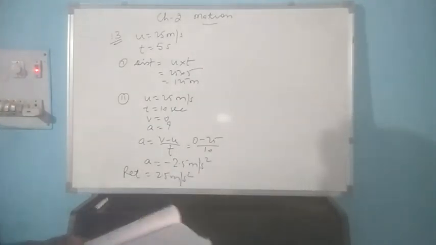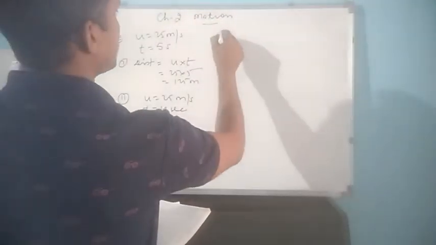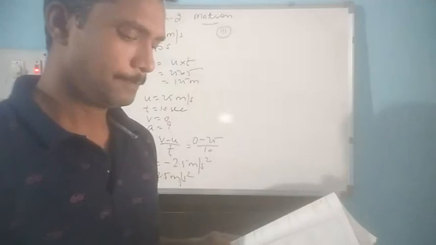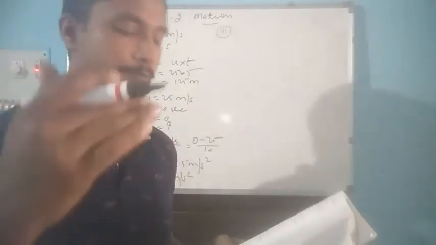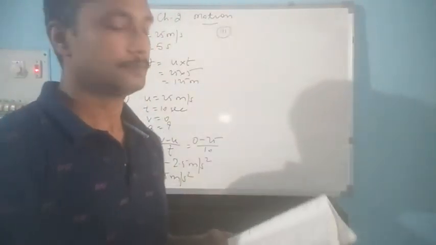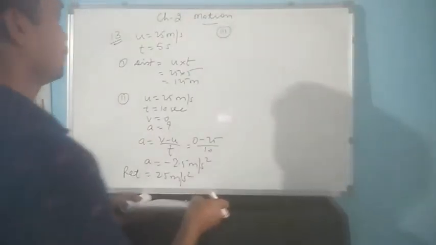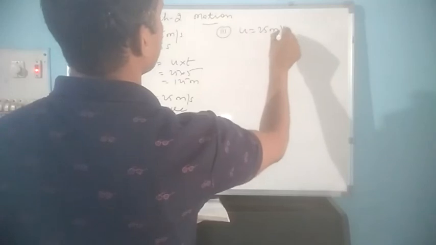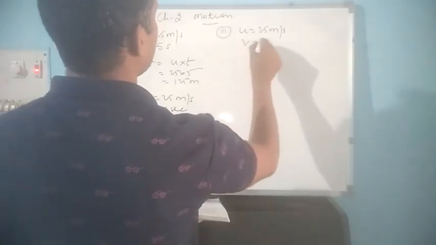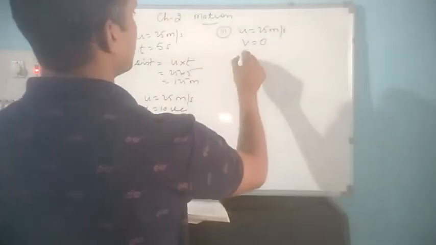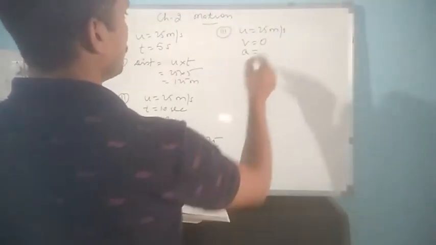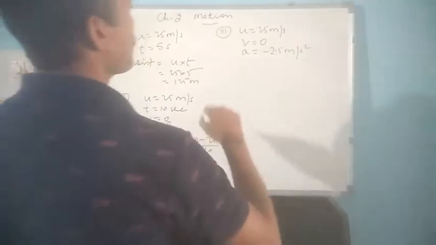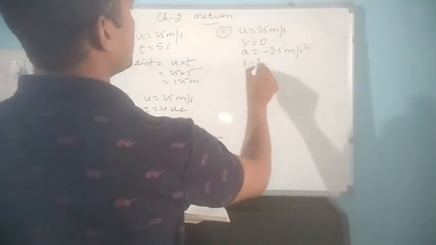Next, come to the third part, to find the distance traveled by the car after applying the brakes. So again we will be using u equal to 25 meter per second. Finally the body is coming to rest, and acceleration we have already got, minus 2.5 meter per second square. We have to find out the distance.